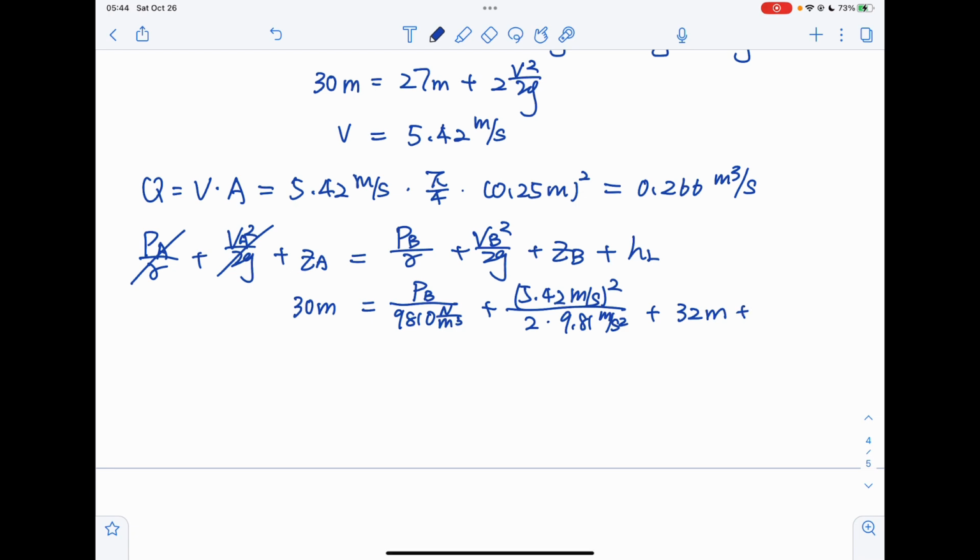And the head loss is 3/4 of the velocity head.